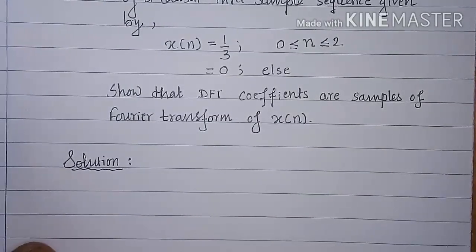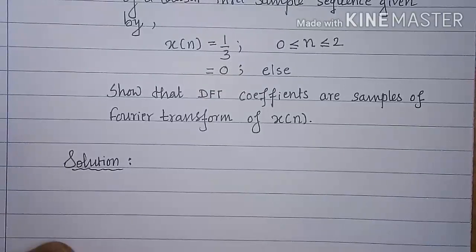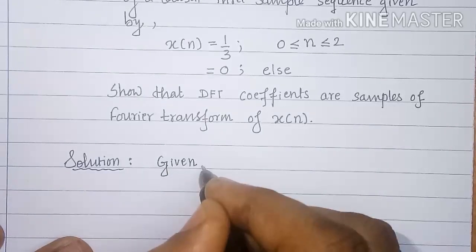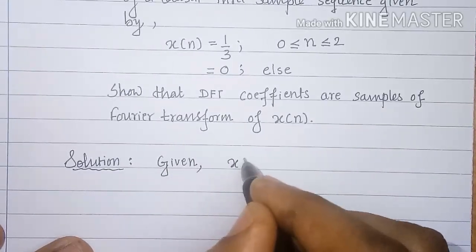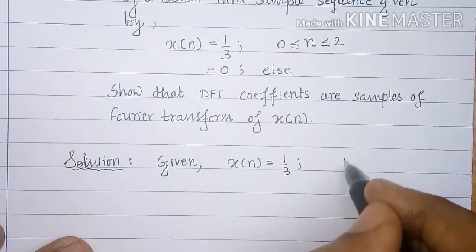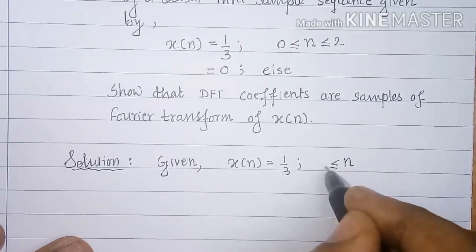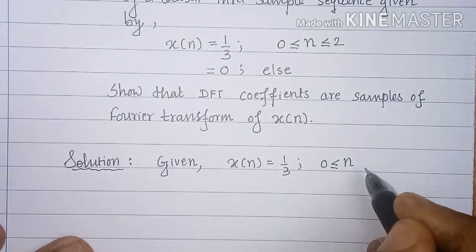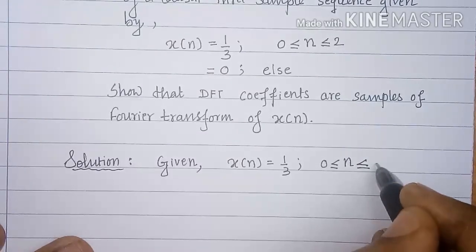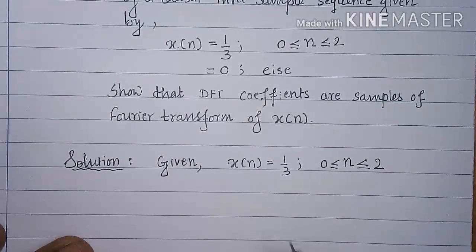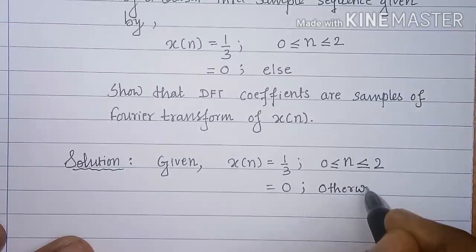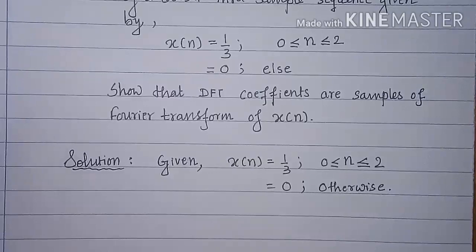Solution. Given x of n equal to 1 by 3 for n greater than or equal to 0 to less than or equal to 2, 0 otherwise.